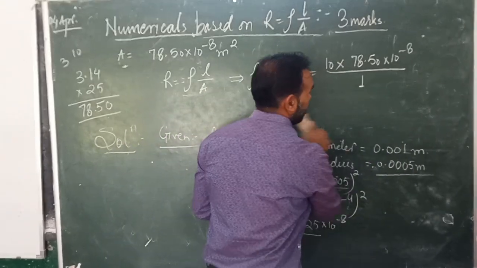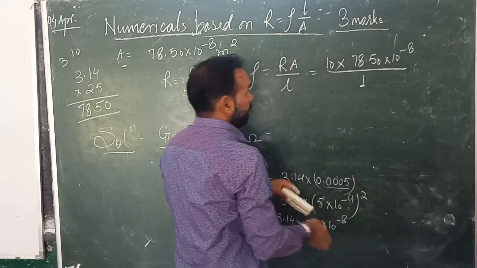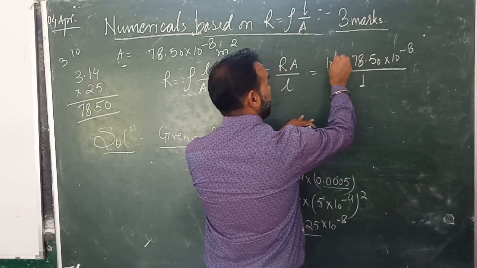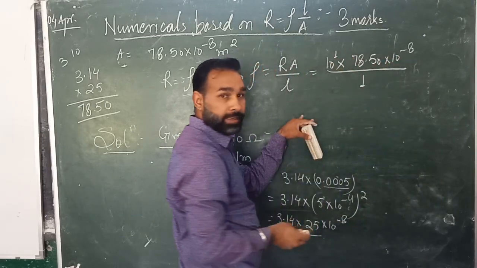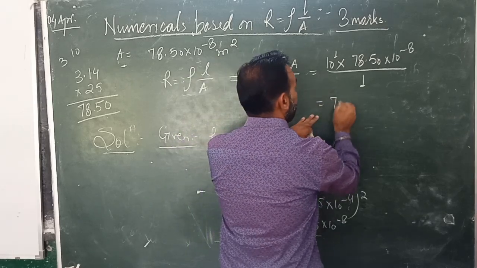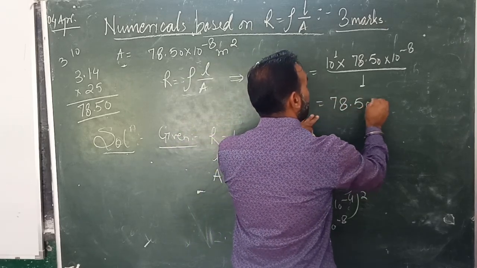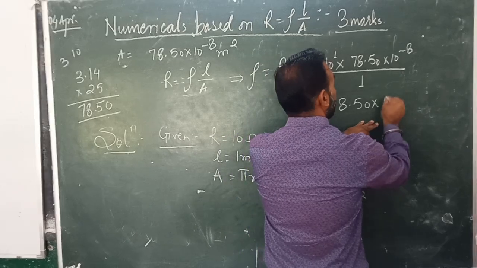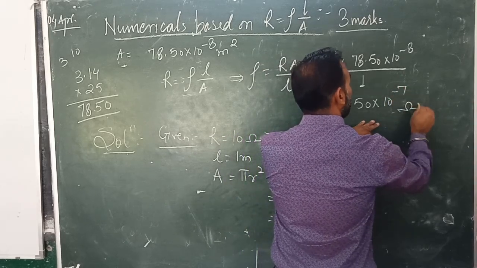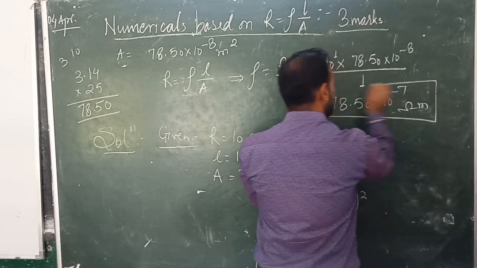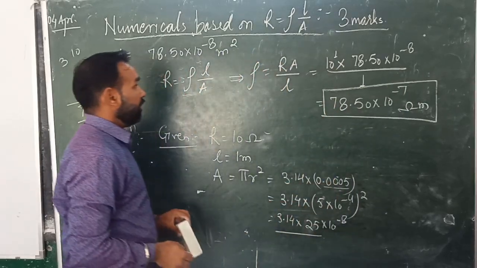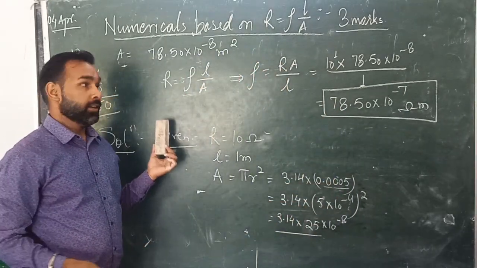So you will calculate it. What will be the resistivity? 10 to the power 1, and minus 8 will be minus 7. So it will be 78.50 into 10 to the power minus 7 ohm meter. So this will be the resistivity of the given wire.